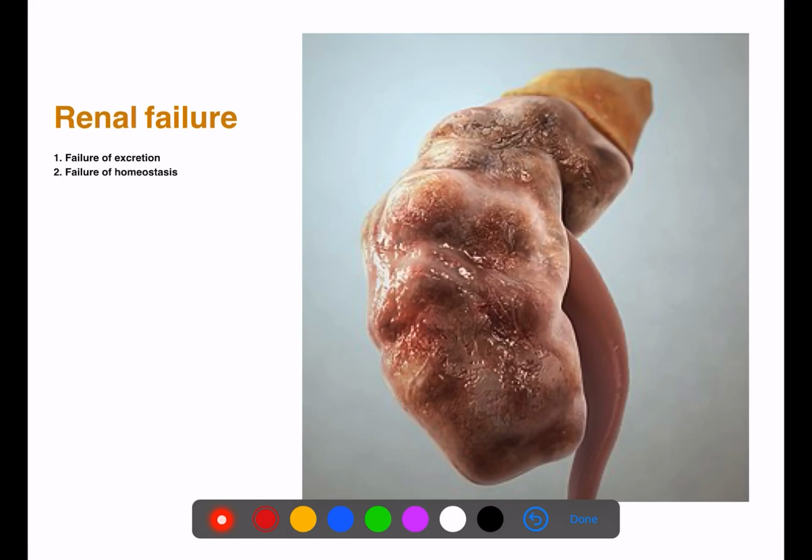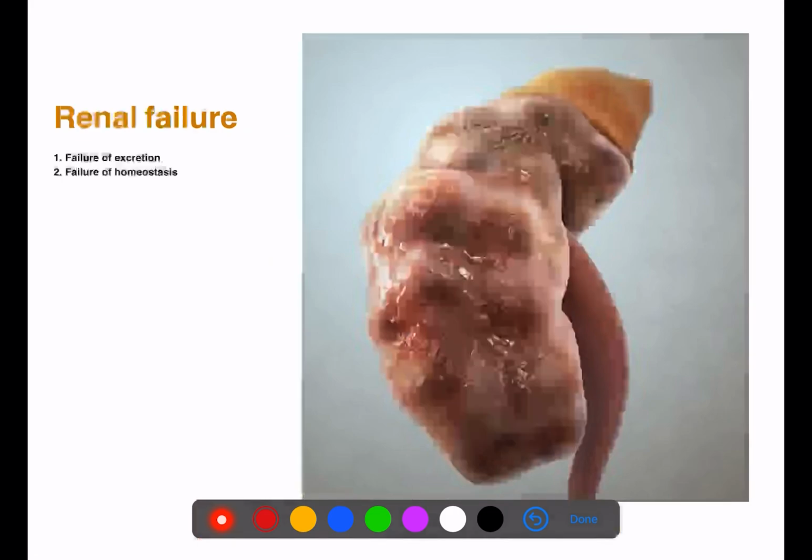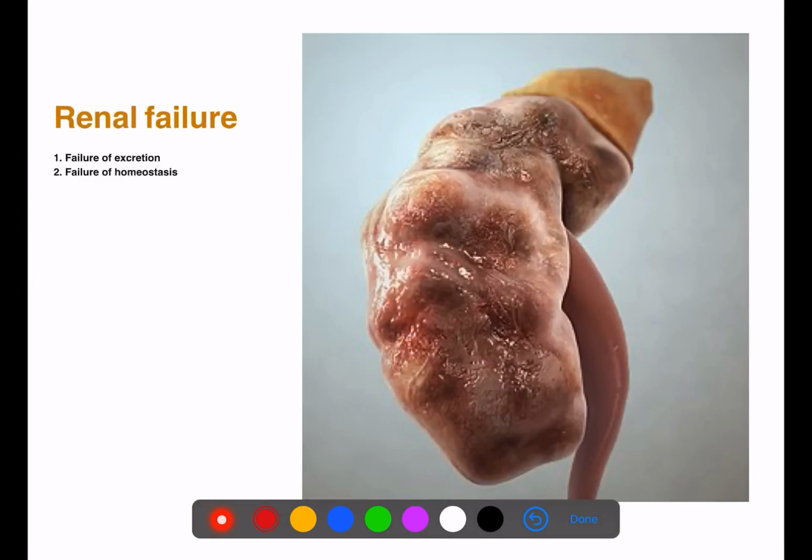The kidney suffers from a serious condition which may lead to death of animals. This condition is called renal failure, or kidney failure.